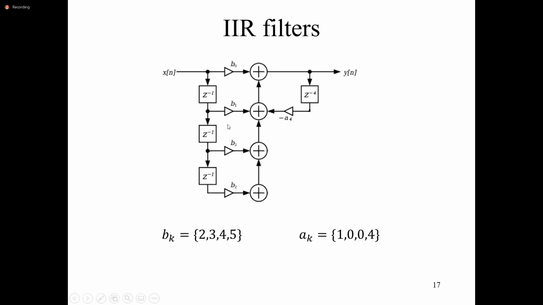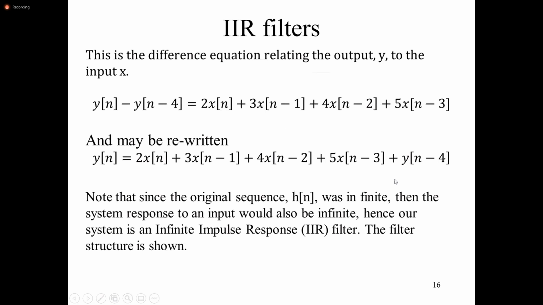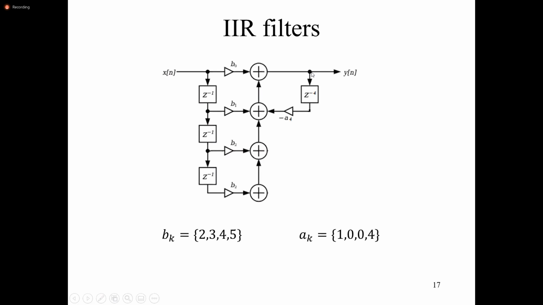And then we have our y of n now. So we took our y of n and we delay it 4 times. Notice I have a minus 4 there, and then we multiply it by our coefficient.